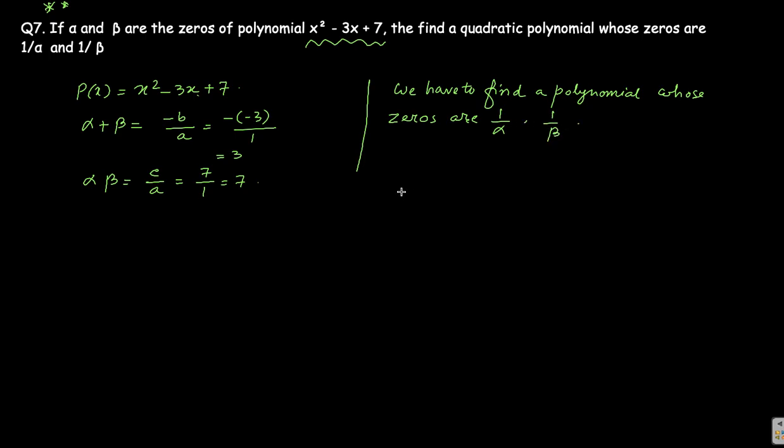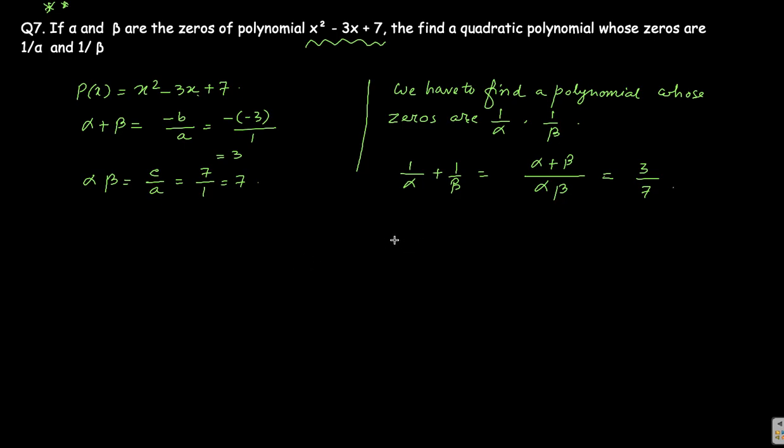That means 1 by alpha plus 1 by beta is equal to alpha plus beta by alpha beta. We just simply add it. What is the value of alpha plus beta? It is 3. And what is alpha beta? It is 7. So 3 by 7 is the sum.